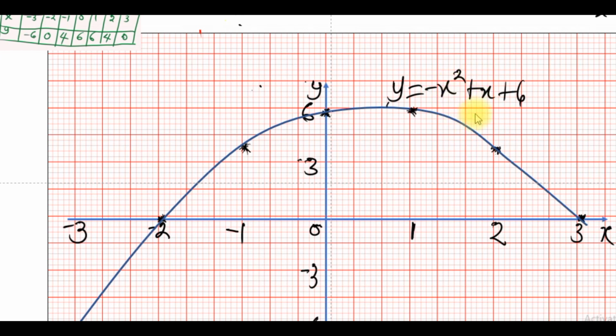Remember the curve is minus x squared plus x plus 6. So from here our answer, that's the solution, is minus 2 and 3. So this is our solution. So that's it.